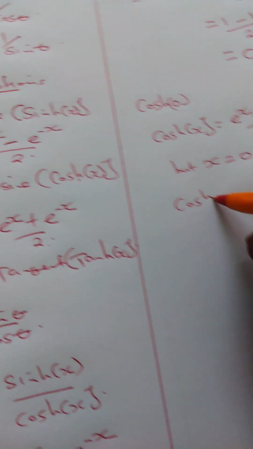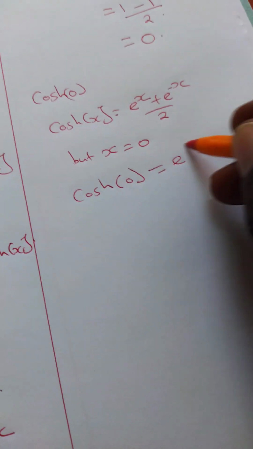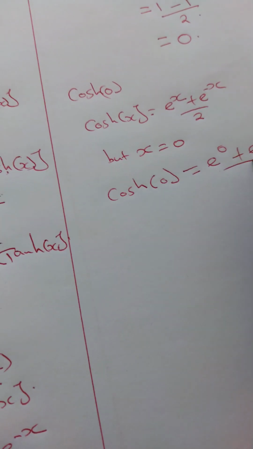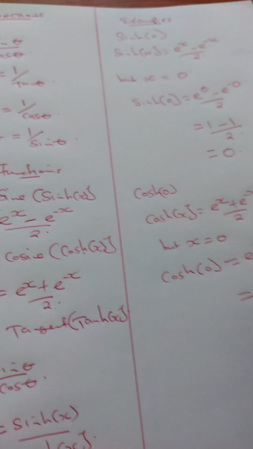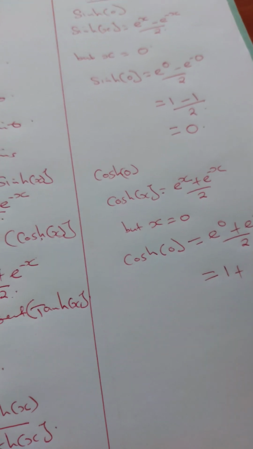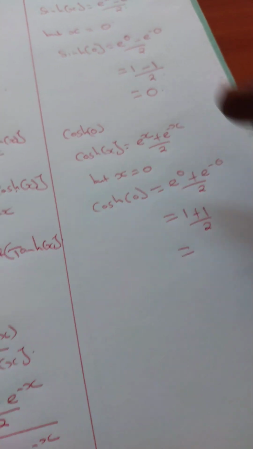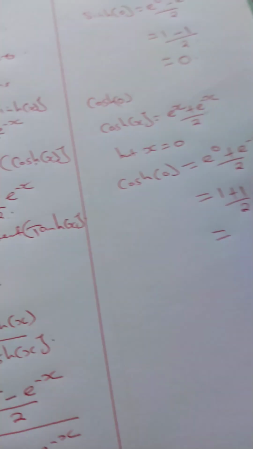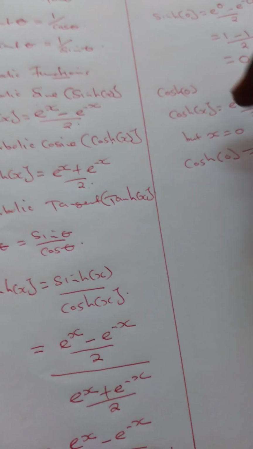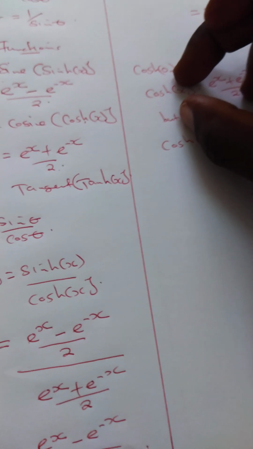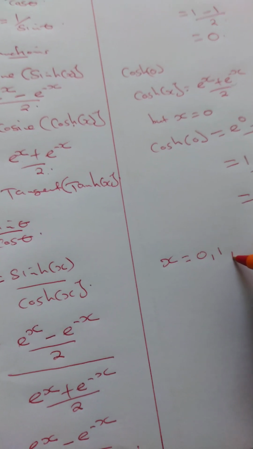So cosh of 0 is equal to exponential of 0 plus exponential of negative 0 all over 2. From the previous example, exponential of 0 is 1 and exponential of negative 0 is 1, all over 2. So the hyperbolic cosine of 0 is 1. This x represents any value. x can be 0, can be 1, can be any number.